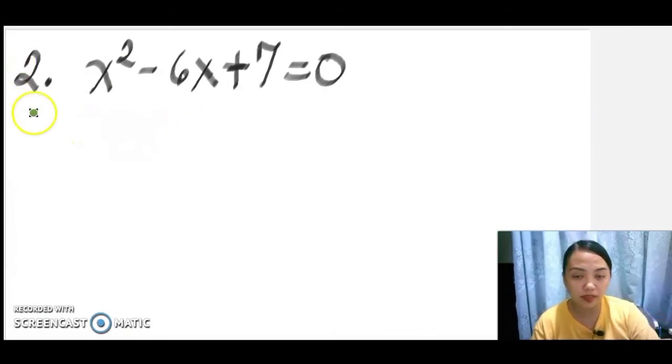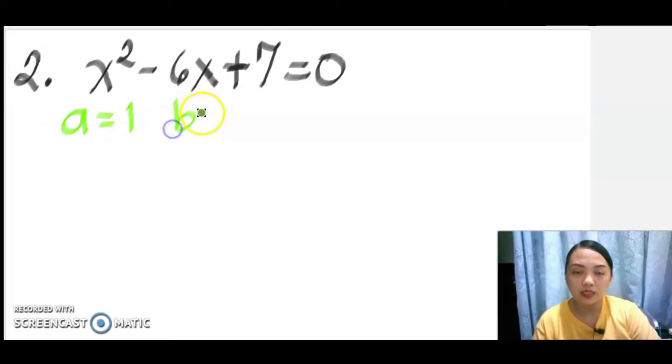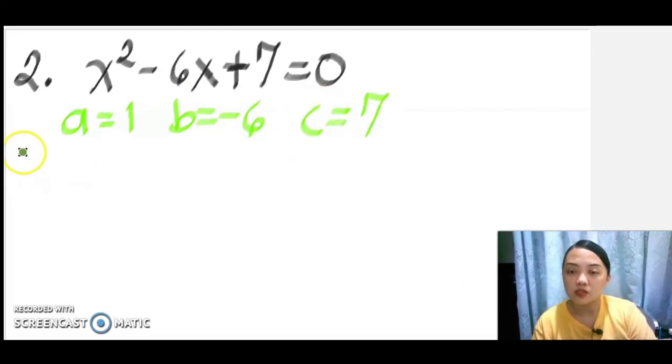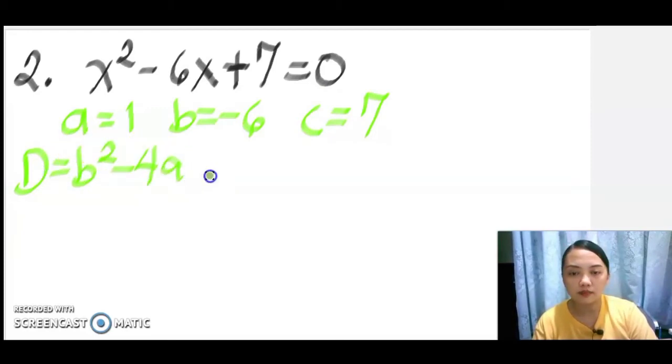So, determine muna natin yung value ni A, B, at C. So, A natin is 1. B is negative 6. At si C is positive 7. So, the formula is b squared minus 4ac. So, substitute na natin yung value ni d.